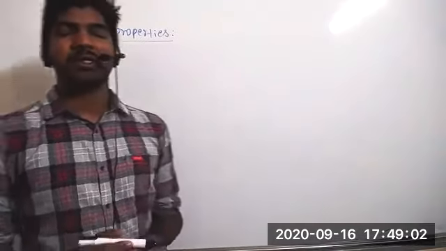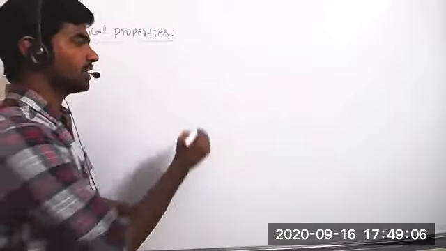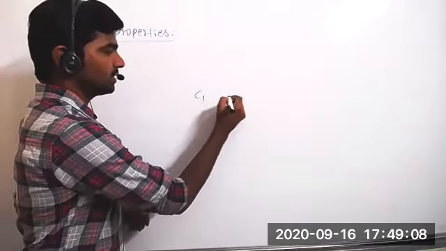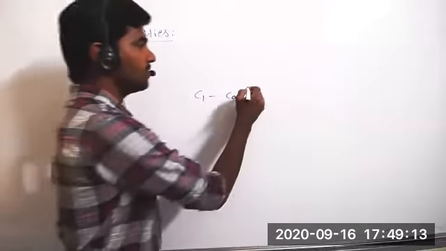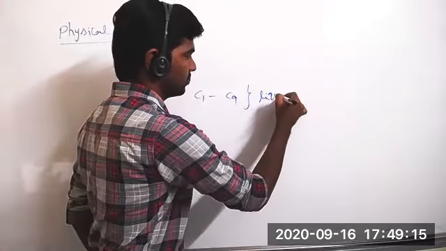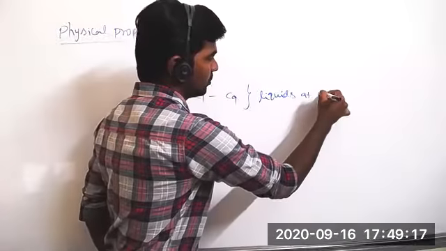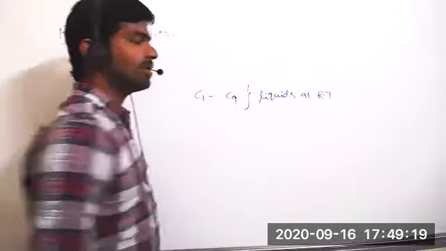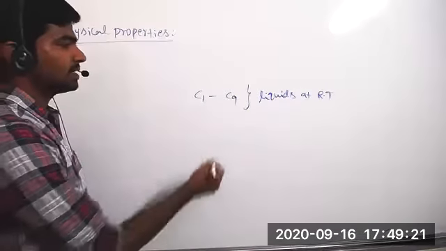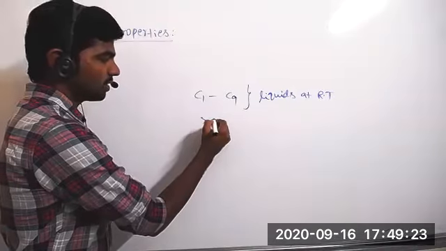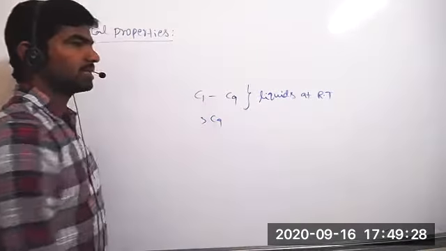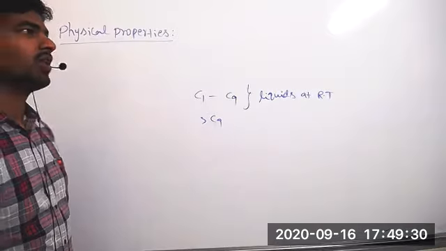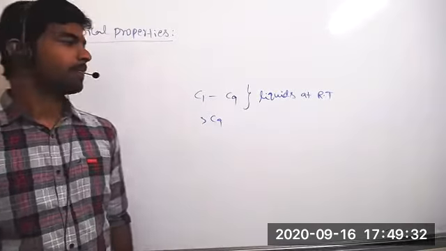Carboxylic acids having a low number of carbon atoms, from C1 to C9, exist as liquids at room temperature, and they have an unpleasant smell. Carboxylic acids having more than 9 carbon atoms exist as solids, solid waxy substances.